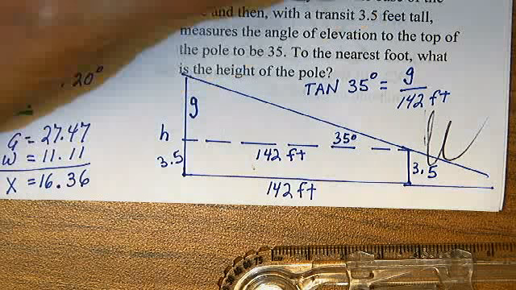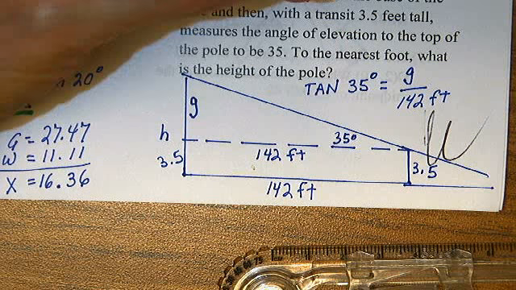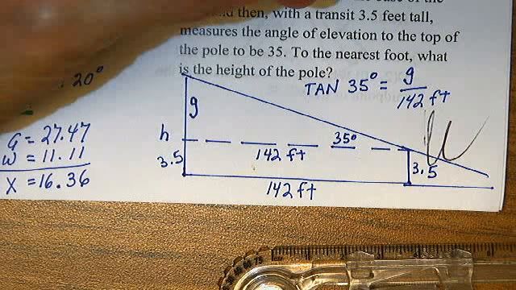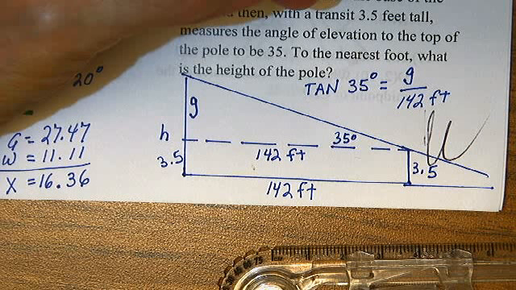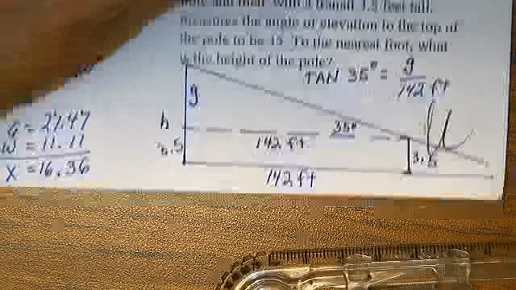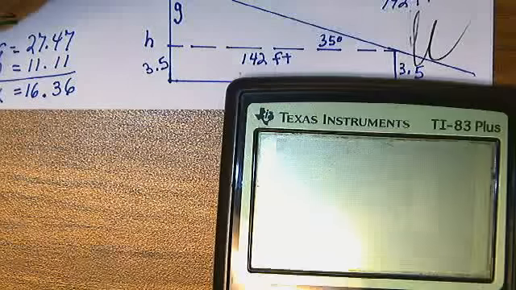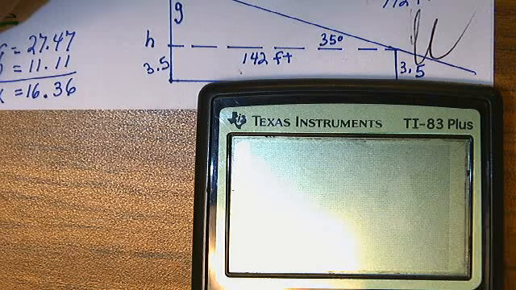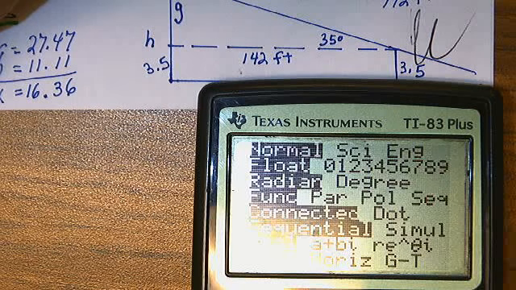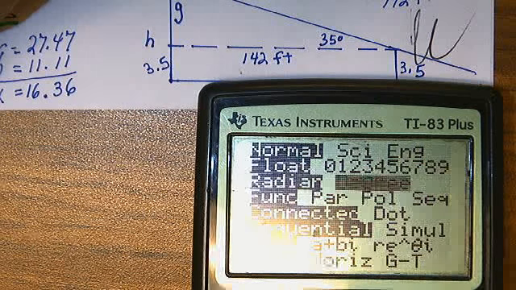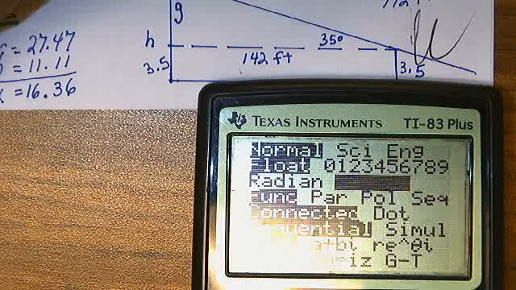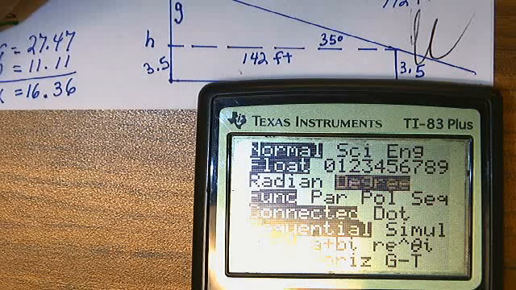So let's do that. Let's just grab the calculator, turn it on, check to see whether I'm in radians or whether I'm in degrees. Move to degrees. Always check that first.